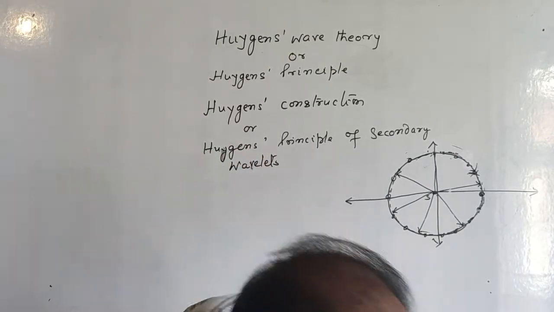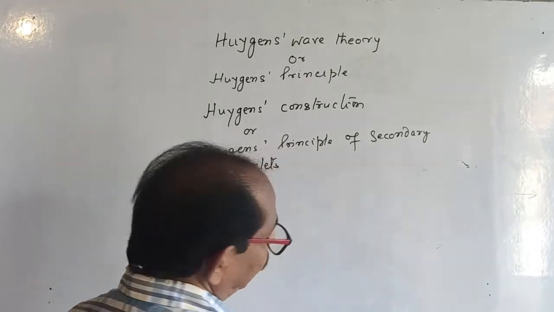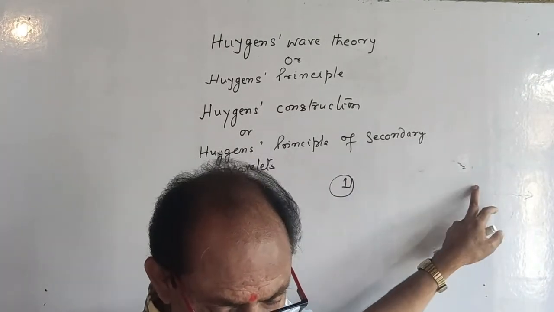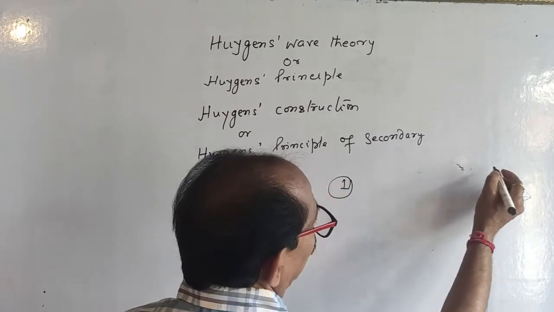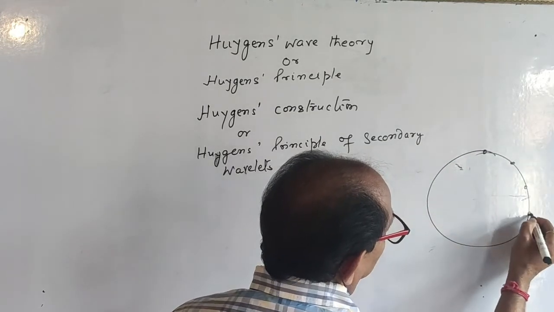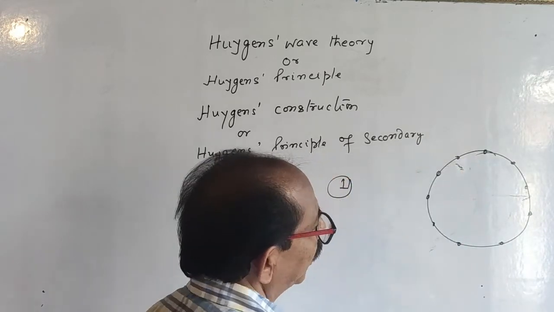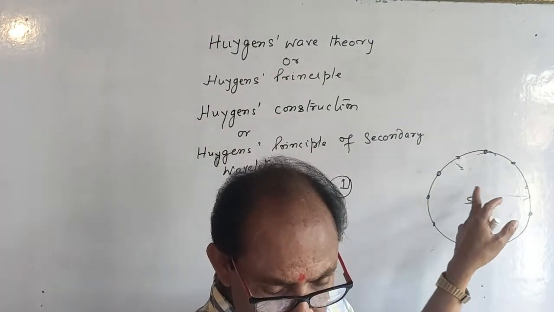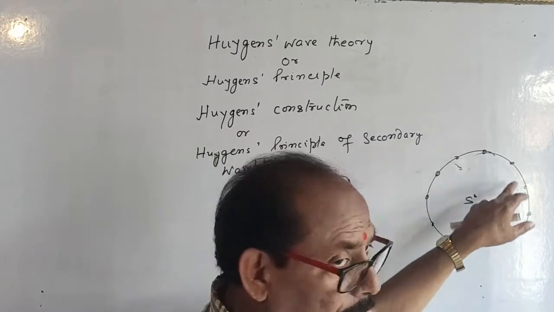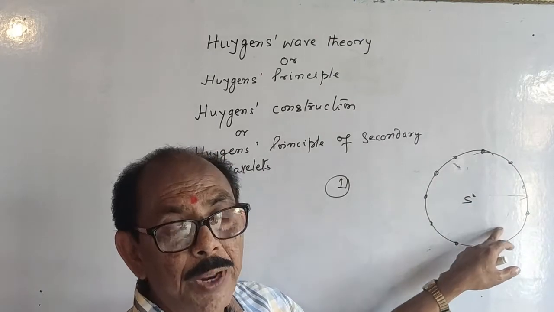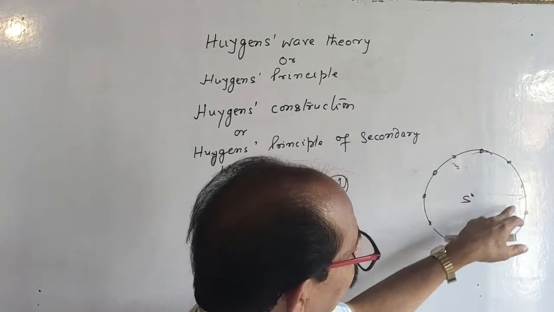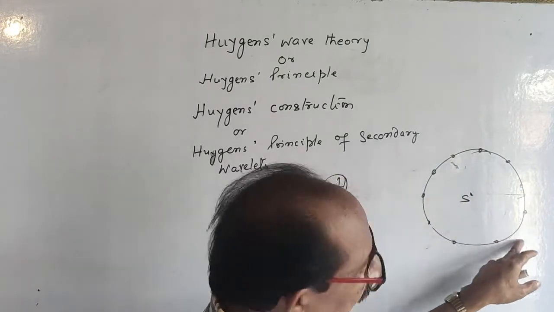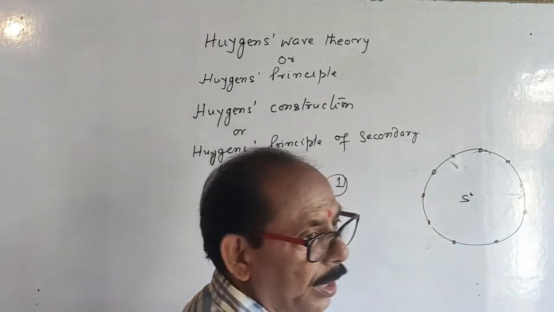The first assumption: all the points on the wavefront surface of the sphere are oscillating in the same phase and act as a fresh source of disturbance, and these disturbances from these points spread in the medium with the same speed of light.